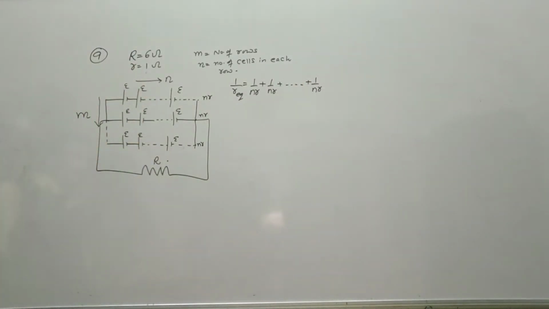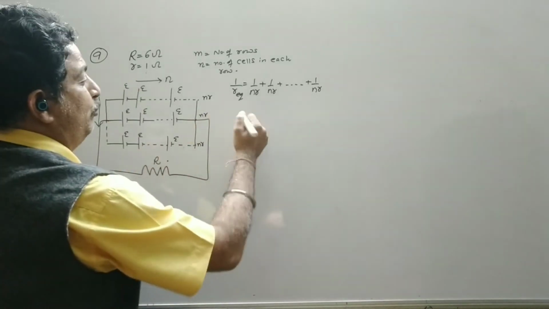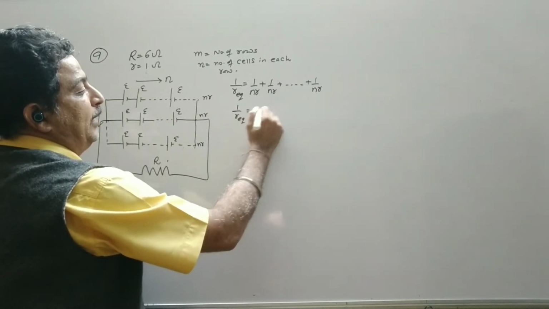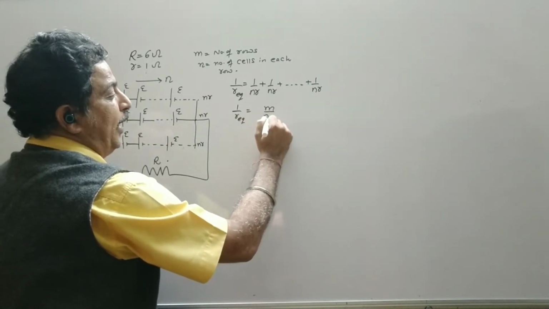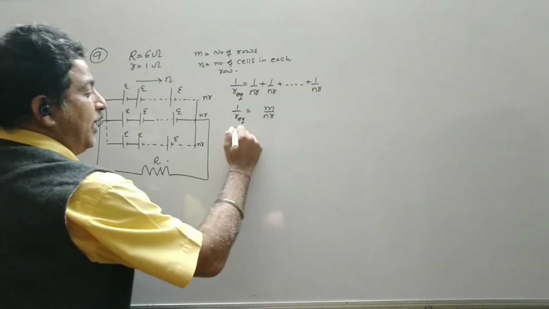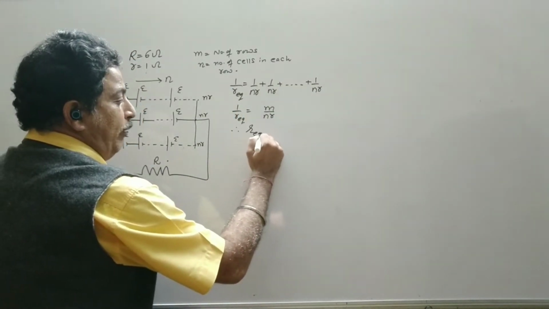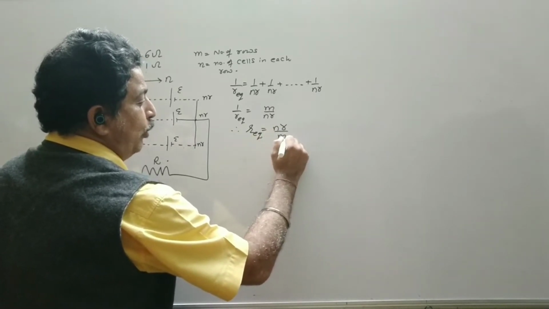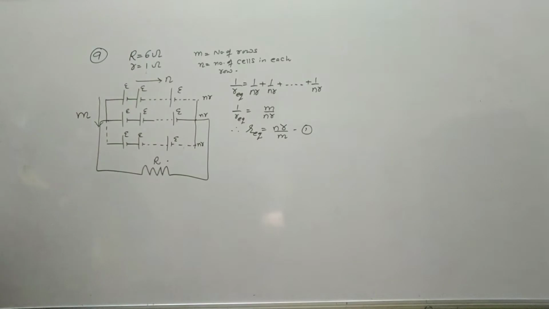Now we don't know the total number of rows, so we assume we have m rows. So 1 upon R equivalent is equal to m upon nr, where m is the number of rows. Therefore R equivalent of the entire circuit becomes nr upon m. This is the first equation.